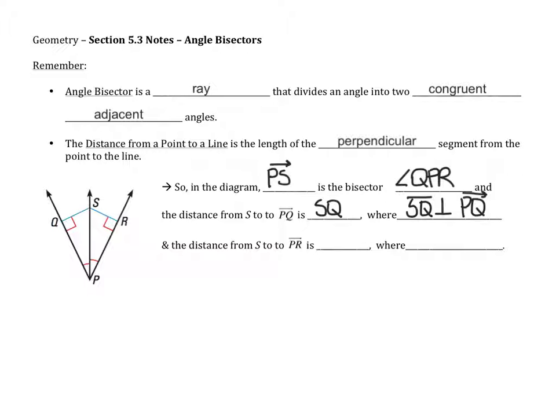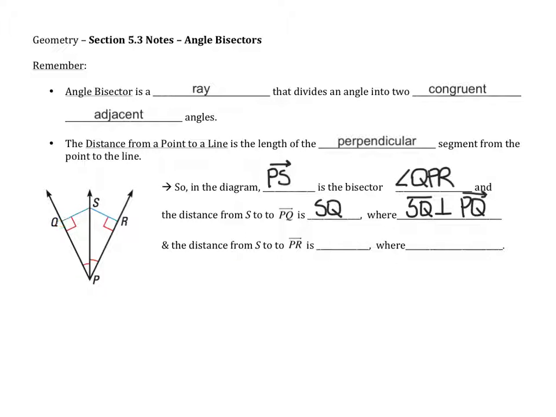So again, the distance from S to PQ is this length right here, SQ, where segment SQ is perpendicular to ray PQ. In order to find the distance between S and the ray PQ, we have to find the perpendicular distance.